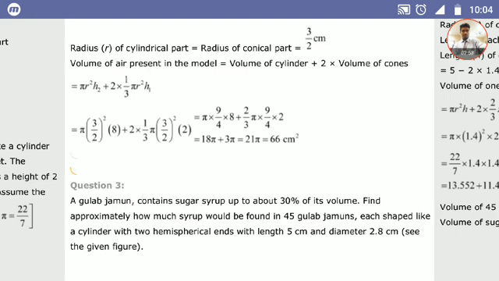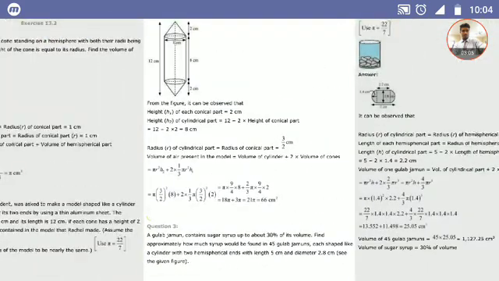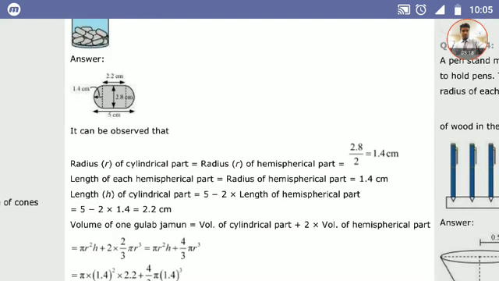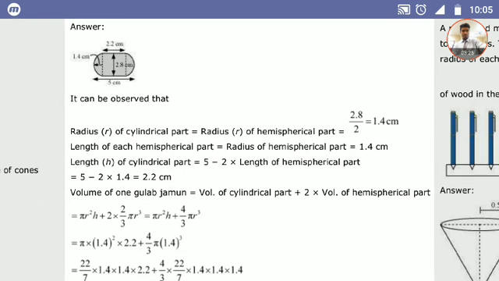So that's it. Now question number 3: a gulab jamun contains sugar syrup about 30% of its volume. Find approximately how much syrup would be found in 45 gulab jamuns. They have told you it's in the shape of a capsule basically, a cylinder with hemispheres at the ends. So it's 30% sugar syrup, and 45 of such. First you calculate the volume of that capsule. The volume of the capsule will be the volume of the cylinder plus two hemispheres. Two hemispheres is 2 by 3 pi r cube, and it's pi r square h for your one cylinder.